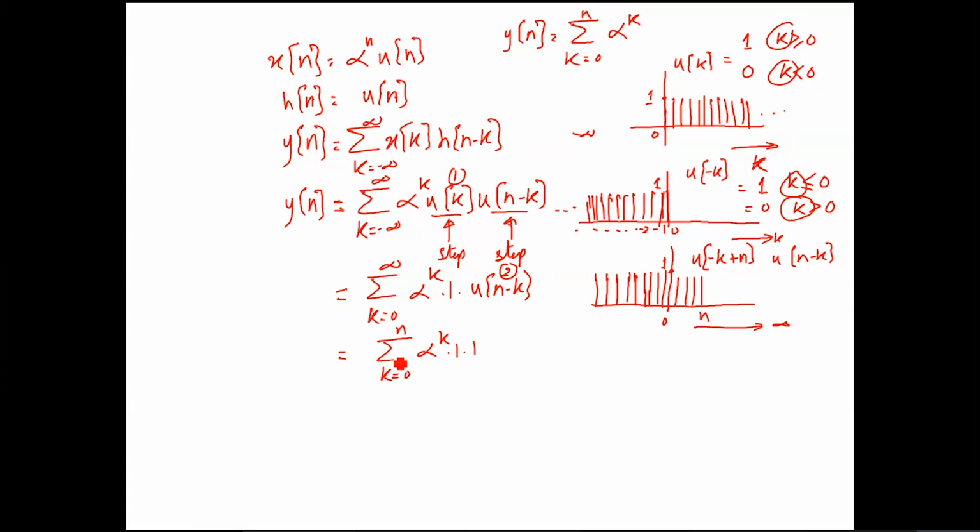So ultimately we end up getting the thing we were trying to go for right here. This is what you get, your y of n. Your y of n ends up becoming the summation k equal to 0 to n of alpha raised to the power of k. Anybody having any confusions here?